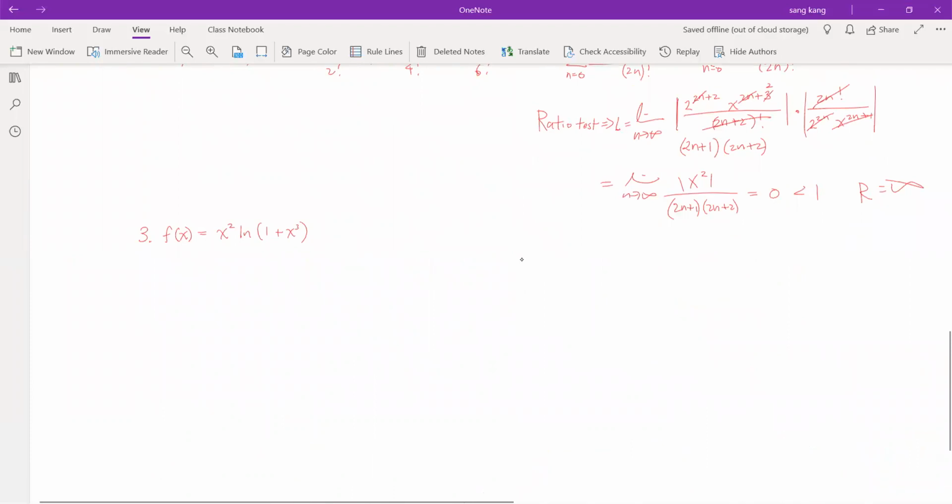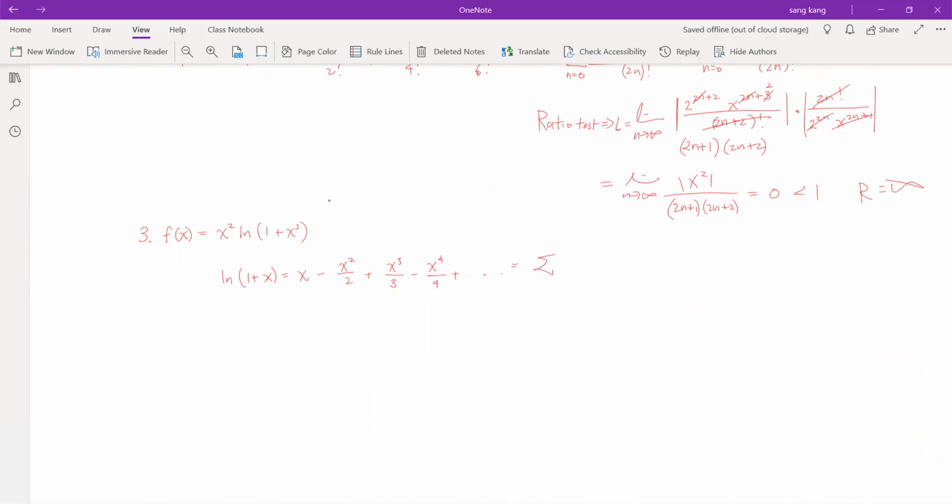So we'll start with ln of 1 plus x, which is given as x minus x squared over 2, plus x cubed over 3, minus x to the 4th over 4, and so on.